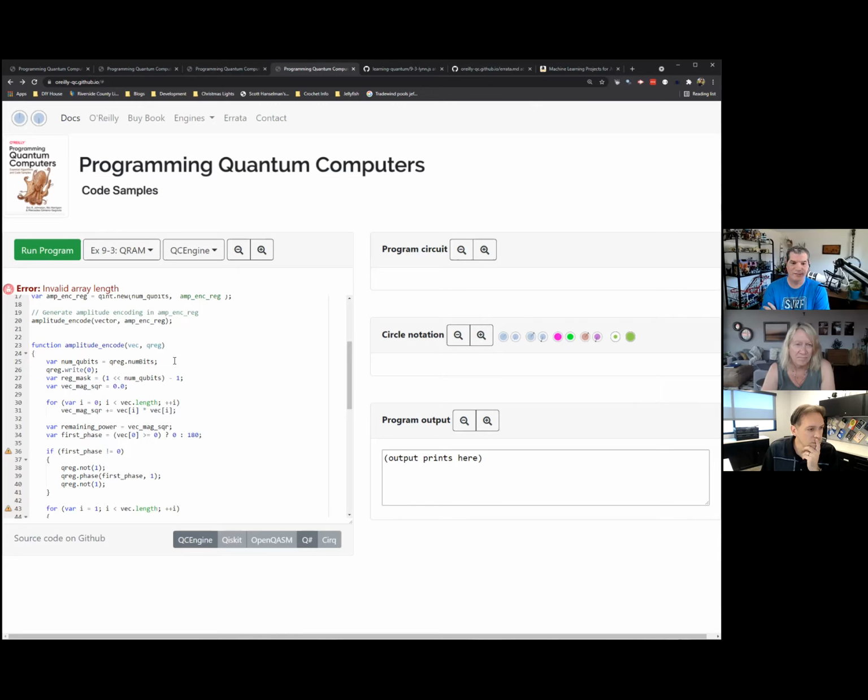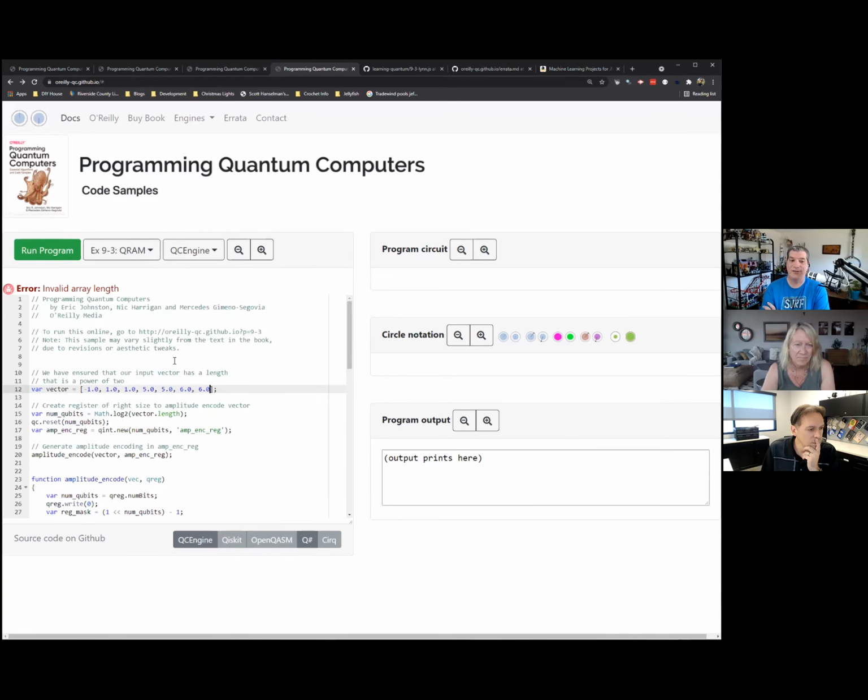Line 6 is where he's using the vector length. Well, he does call out length, so he's not hard coding it somewhere.